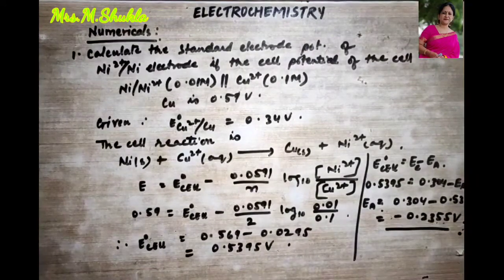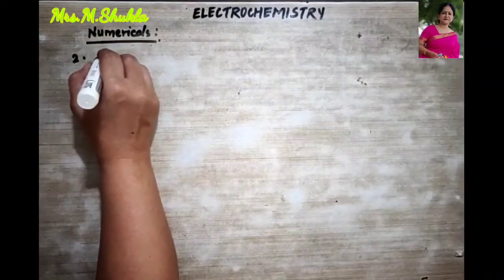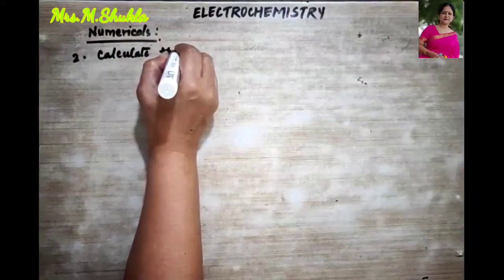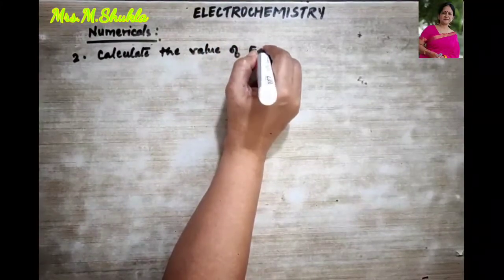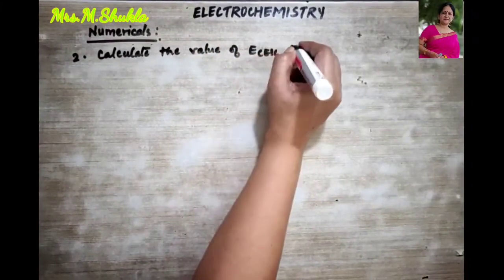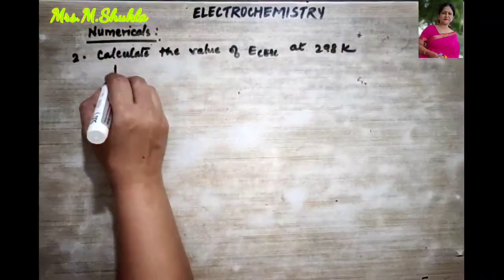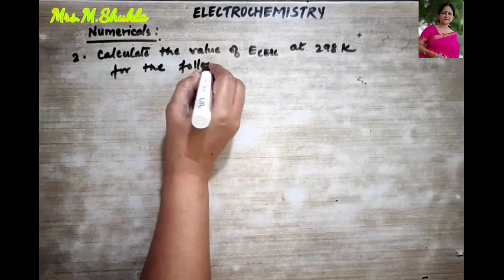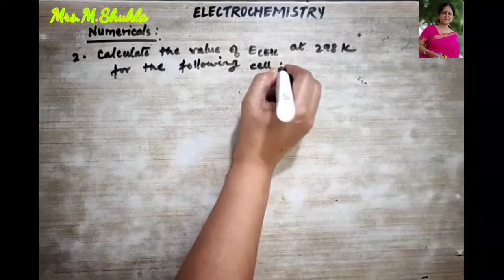Let's do another question, the second numerical. It says calculate the value of the E cell at 298 Kelvin for the following cell.